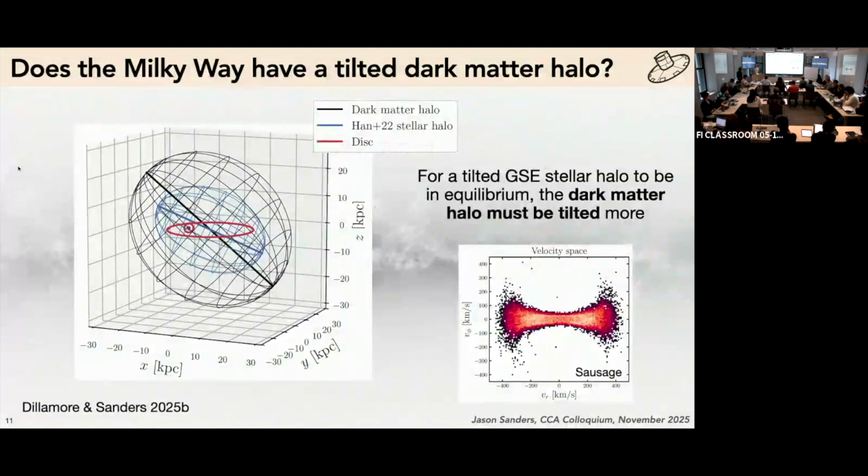I think potentially people have hypothesized that the tilted dark matter halo is producing the warp that we see in the disk. But the difference, I suppose, between the disk and the stellar halo is that the disk is much more self-gravitating than the stellar halo. The stellar halo is much more like a tracer population. So the disk is producing its own gravitational field in which it is living. So that is the difference.